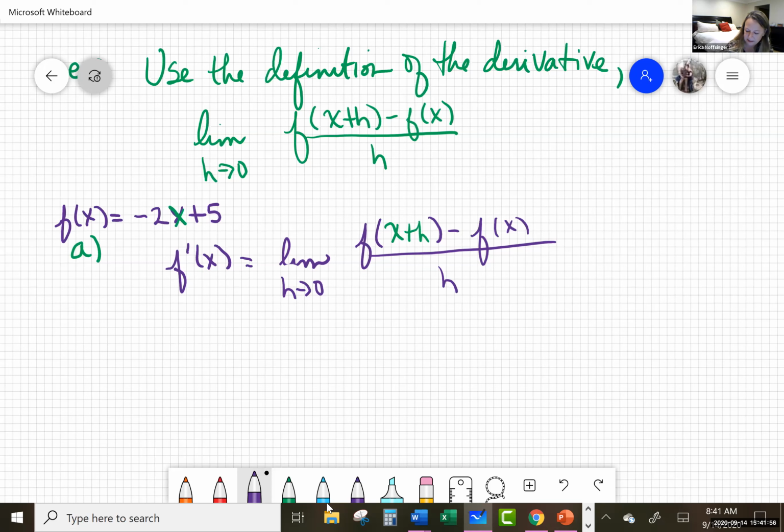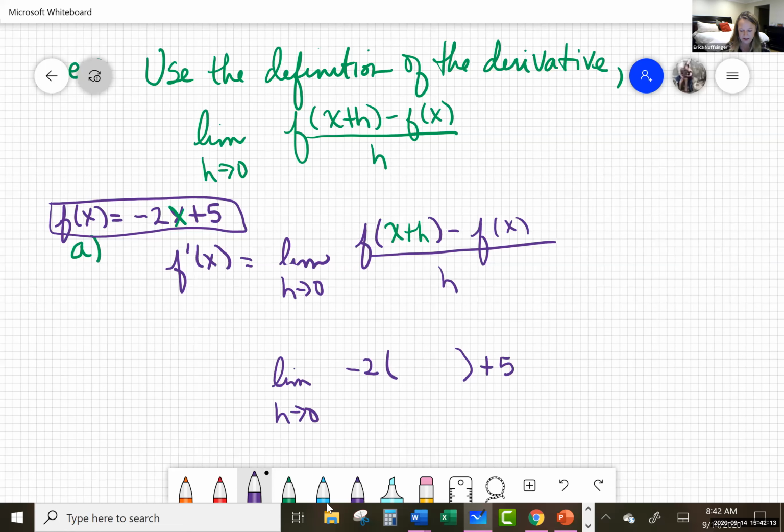So I'm looking at the limit as h approaches 0. Okay, so f of x, I have negative 2. I see an x, so I'm going to plug in x plus h. I'm just going to put parentheses there for that moment, plus 5. And then I have minus f of x.